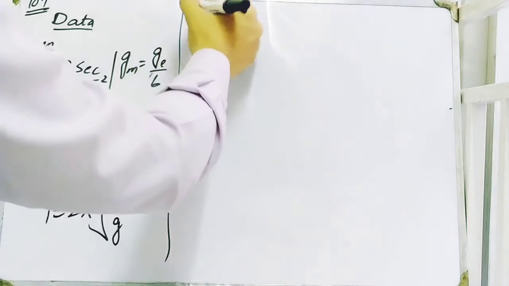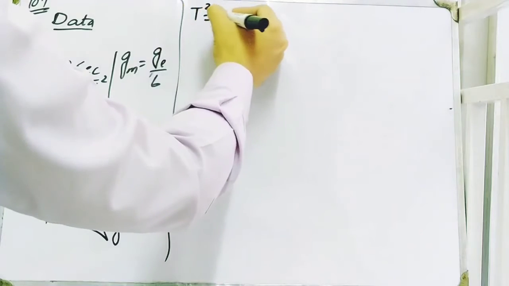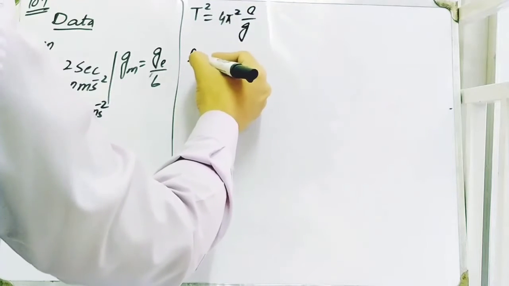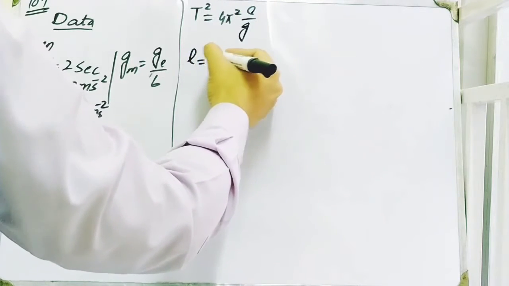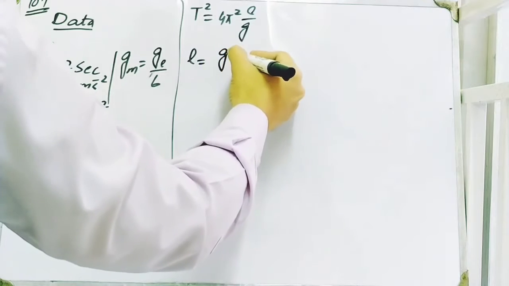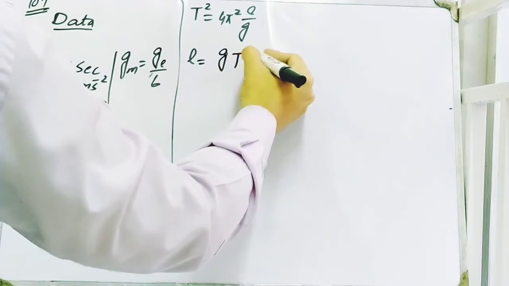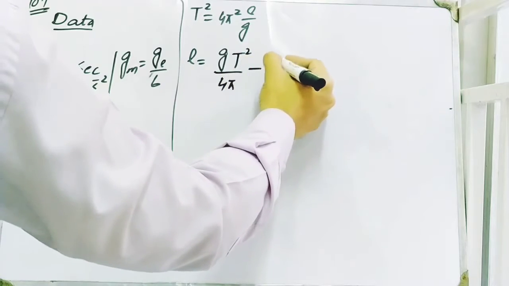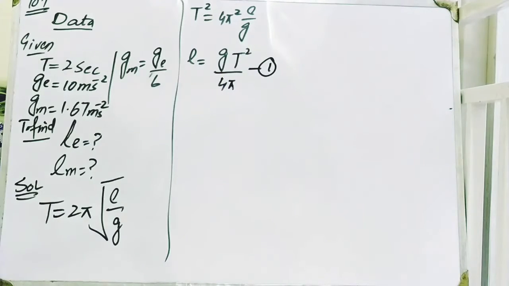So taking square on both sides, T square will be equal to 4 pi square L over G. So L will be equal to G T square over 4 pi square. I am going to denote this as equation number 1.